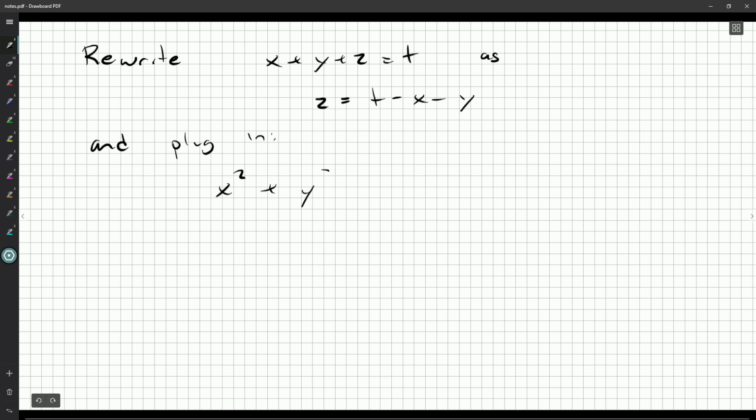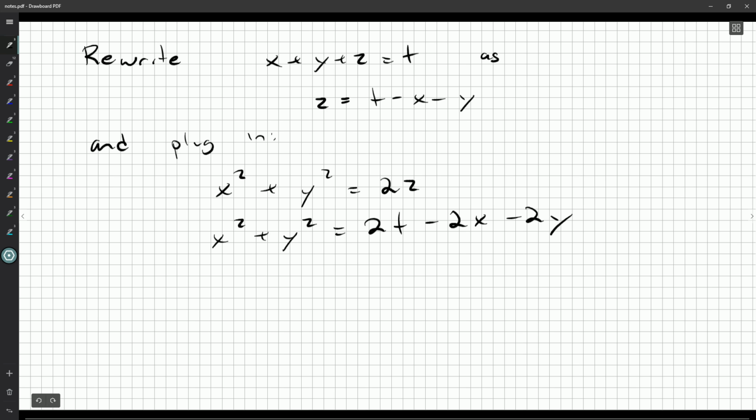Okay, so we might rewrite x plus y plus z equals t as z equals t minus x minus y, and plug in. So we get x squared plus y squared equals 2z, but now I've got 2t minus 2x minus 2y here.